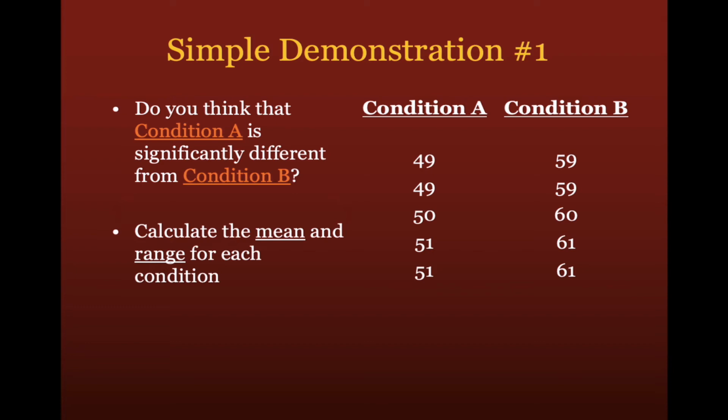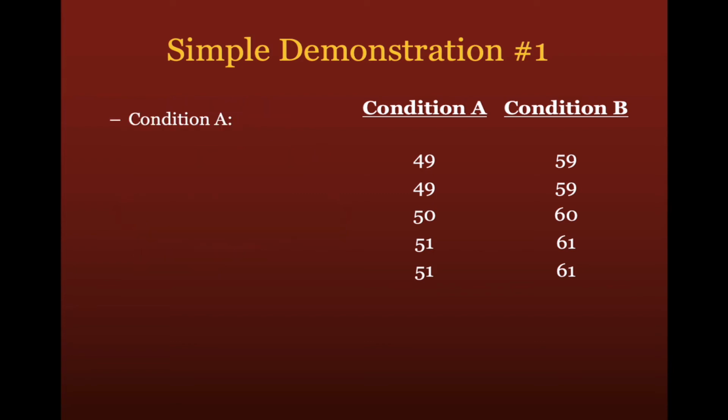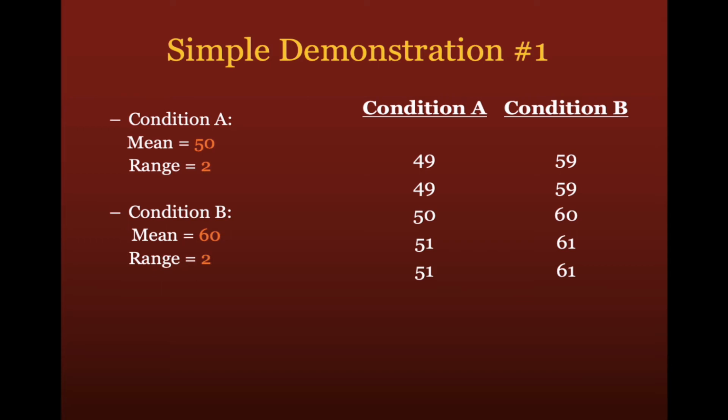All right? So for condition A, the mean is 50: 49, 49, 50, 51, 51. The mean is 50, and the range is 2. Remember, the range is the highest minus the lowest. For condition B, the mean is 60, and we have a range of 2 again. So hang on to these numbers. We're going to come back to them in a minute.